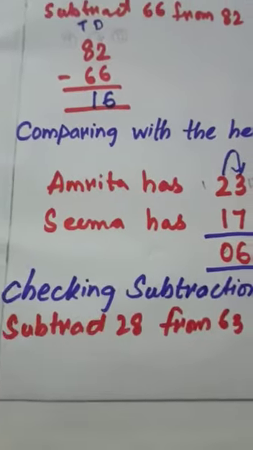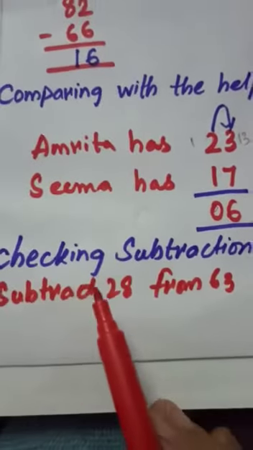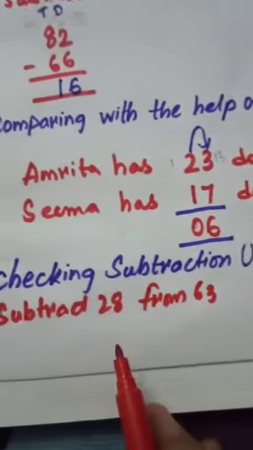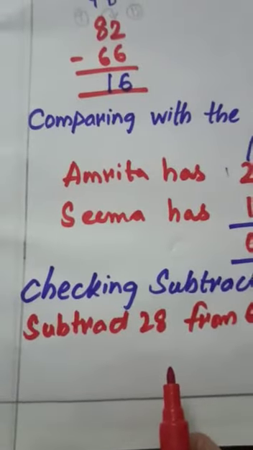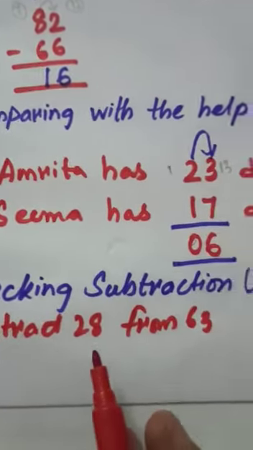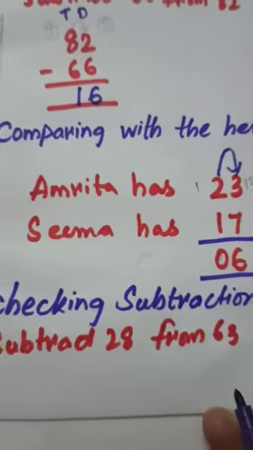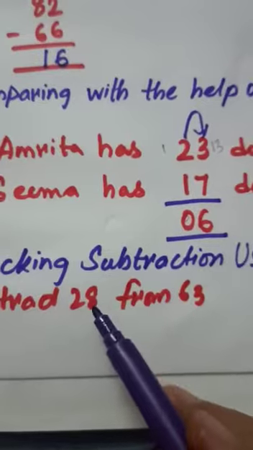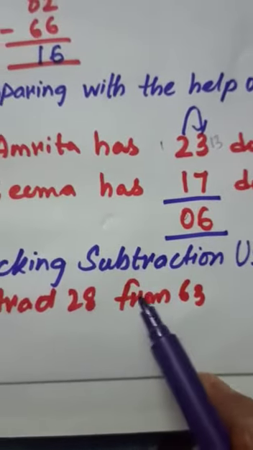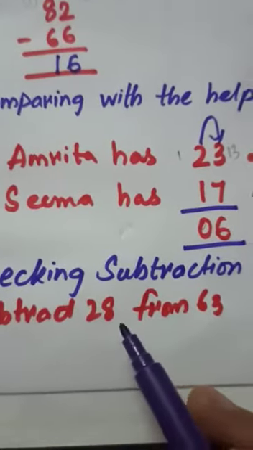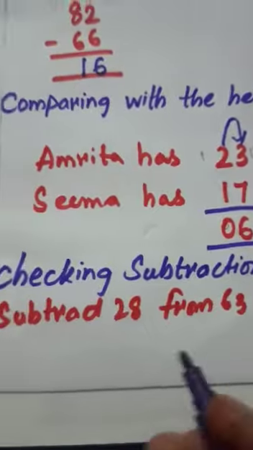Yes, our last topic is checking subtraction using addition. Now see here, we have to subtract 28 from 63, but we cannot subtract 8 from 3. Why? Because 8 is greater than 3.